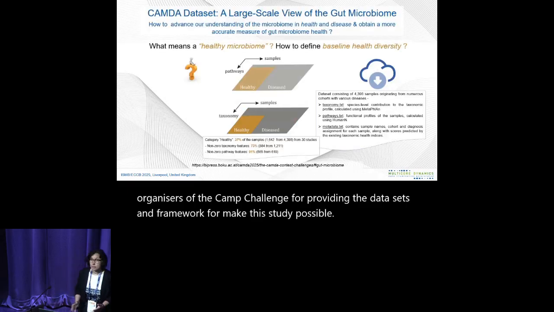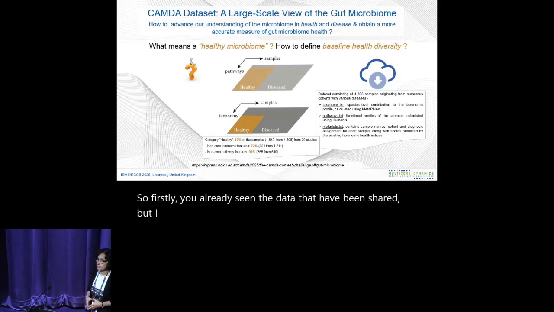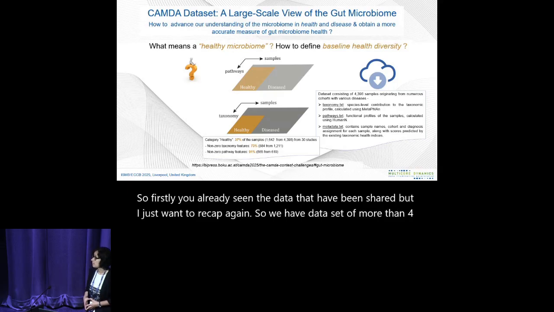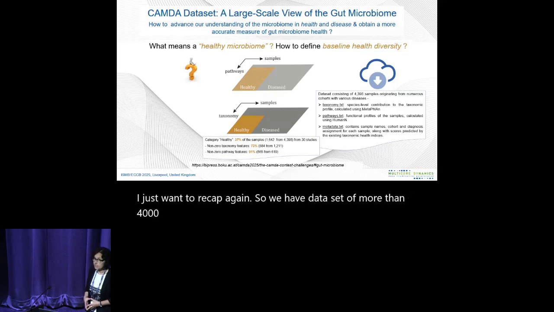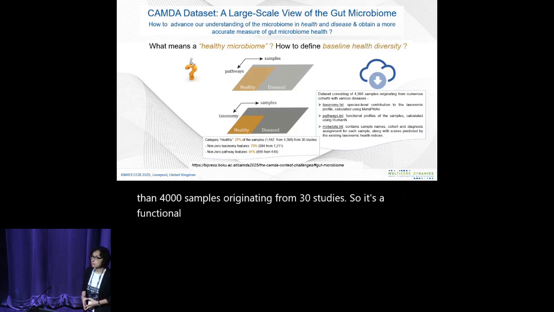So firstly, you have already seen the data that have been shared, but I just want to recap again. We have a dataset of more than 4,000 samples originating from 30 studies. It's functional and taxonomic data which provide a very large-scale view of the gut microbiome.